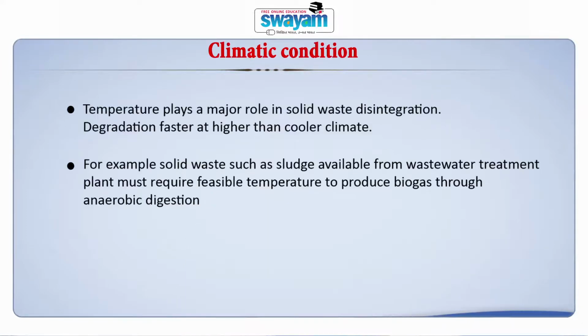The third factor would be your climatic condition. Climatic condition influences the amount of waste generation to a greater level. In places where you have a very hot or humid climate, the temperature will be high. When you have high temperature, waste degradation will be much faster when compared to a cooler climate.